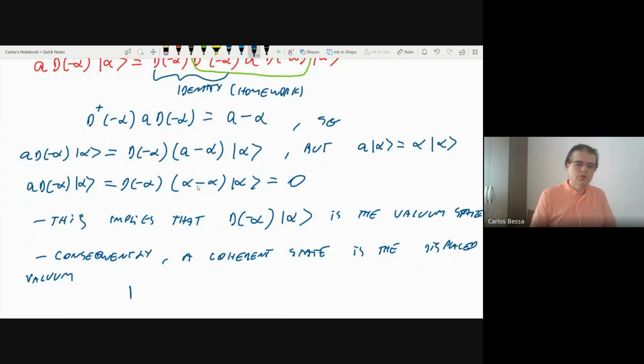In other words, alpha is D of alpha applied to the vacuum state. Okay.